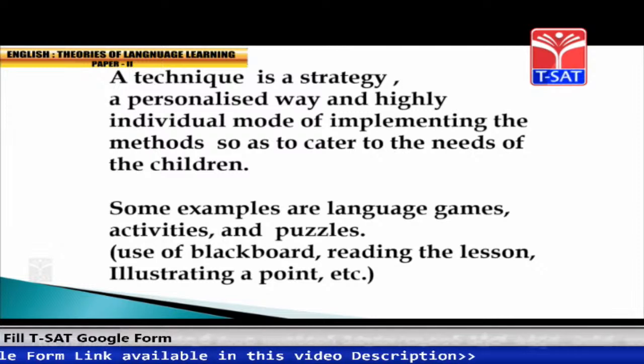Some examples of techniques are language games, activities and puzzles, and use of the blackboard. Reading the lesson and illustrating a point are also examples of techniques. So, an approach is a belief, a method is a plan and a technique is a strategy.